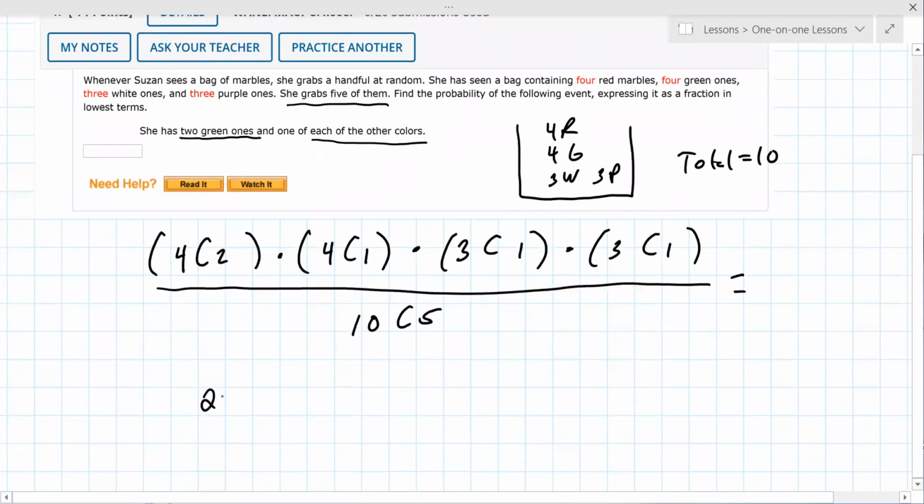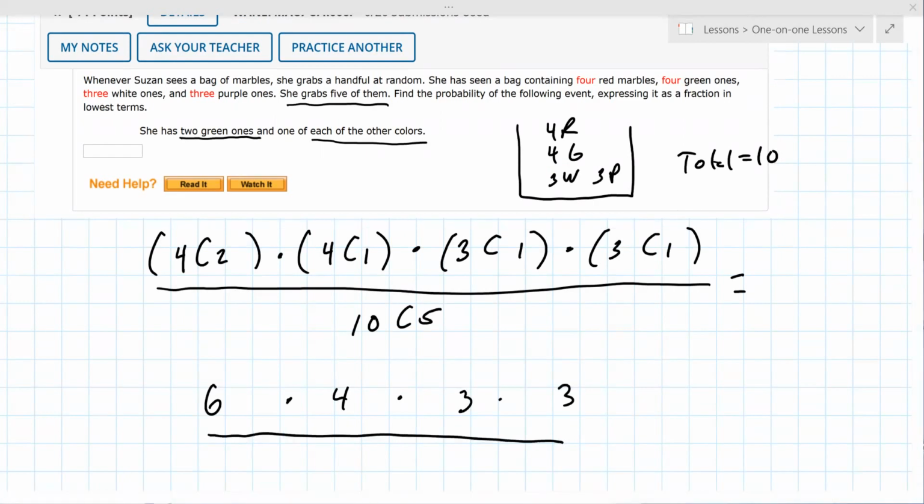The first number is 6, and 2 times 4 times 3 times 3 over 252. So we got 6 times 4 times 3 times 3 all over 252, and that's 6 out of 7.